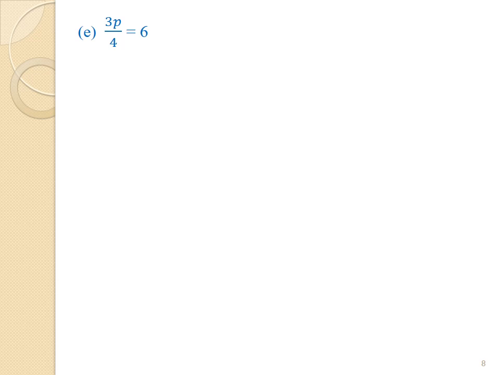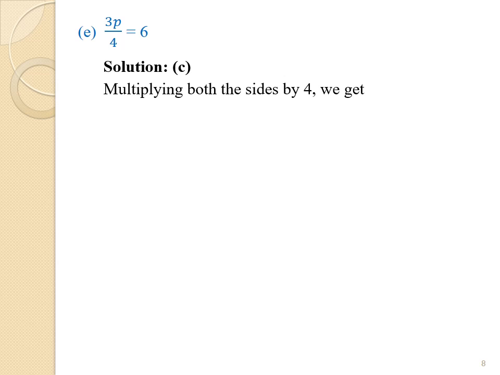First, multiplying both the sides by 4, we get 3p upon 4 multiplied by 4 equals to 6 multiplied by 4. Cutting common 4 and multiplying 6 by 4, we get 3p equals to 24.